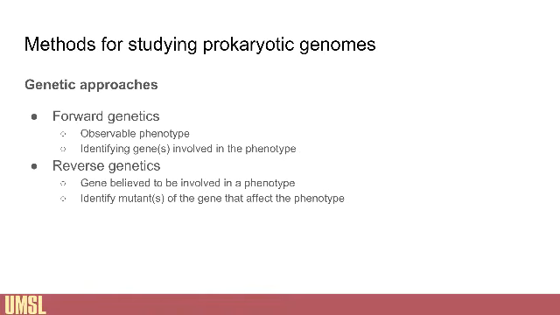You can begin to see that the forward genetics approach is when you don't know, frankly, a damn thing. If Koch's postulates told me that this pathogen causes this disease, and I want to know what genes are involved in causing that disease, I'm going to engage in some forward genetics.